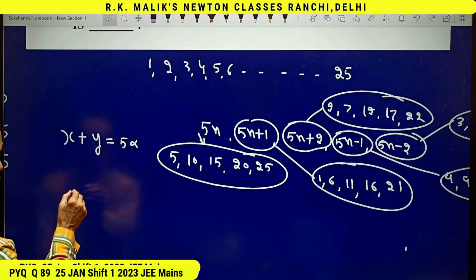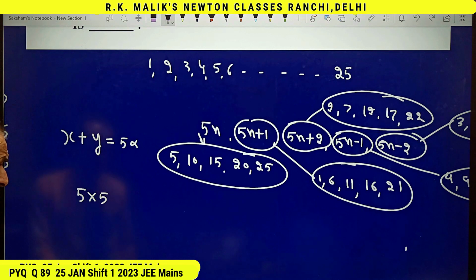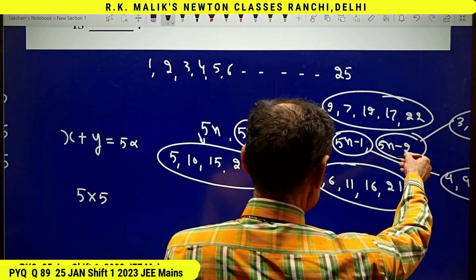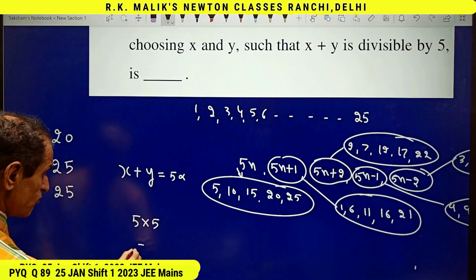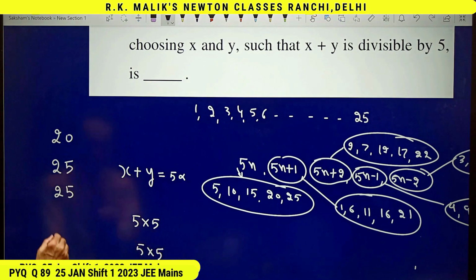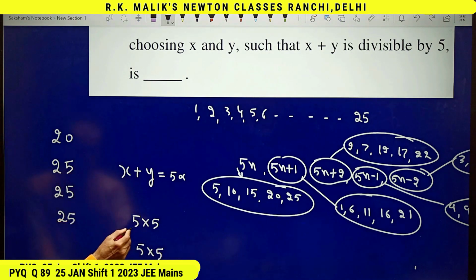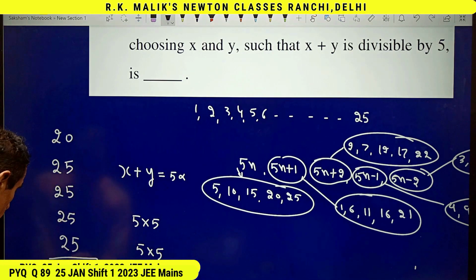Therefore, in this case also 5 into 5 ways are there to find x and y. And lastly, when x is of this form and y is of this form, that is again 5 into 5, that is 25 cases are there. That is 25 for this and 25 for this. In total, 120 ways are there of choosing x and y, so that x plus y is multiple of 5 and x and y are distinct also.